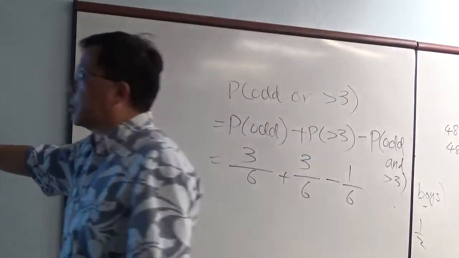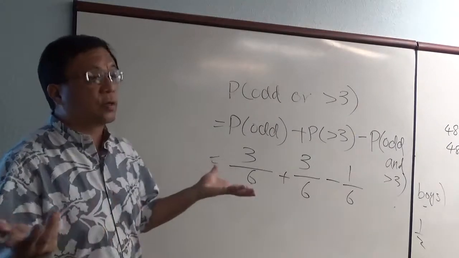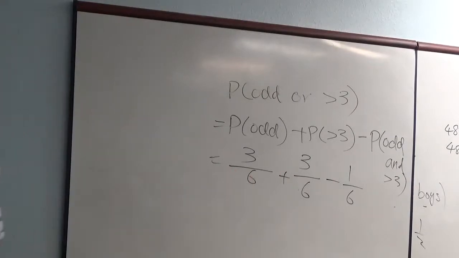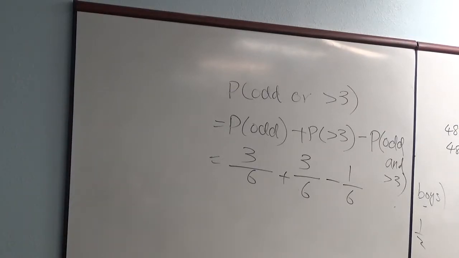But how about the second one? The two events are mutually exclusive, right? Less than 3 and get a number 6. If you get a number 6, it's greater than 3. So for part B, to calculate the probability, again we have two events: less than 3 and get a number 6.